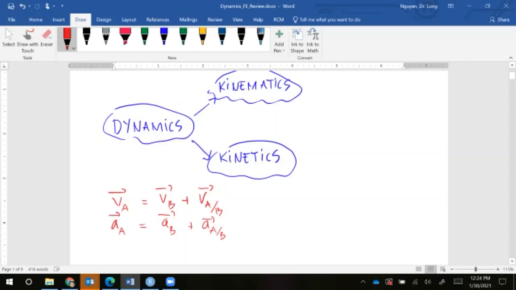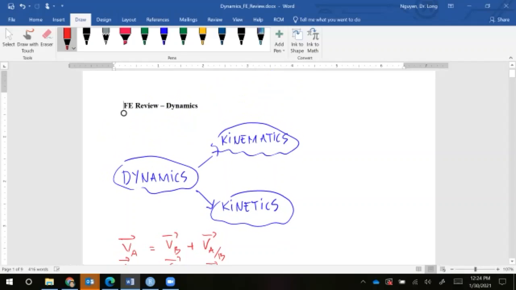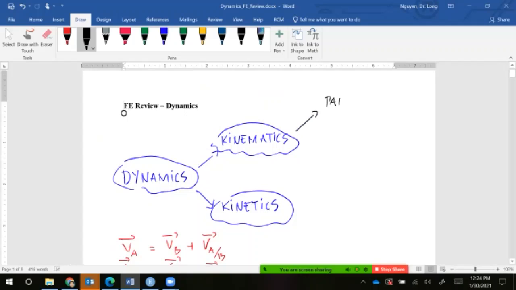And of course, we also go further in kinematics, as you see in the specification of the FE review. We can have the particle, and then we can have rigid bodies.